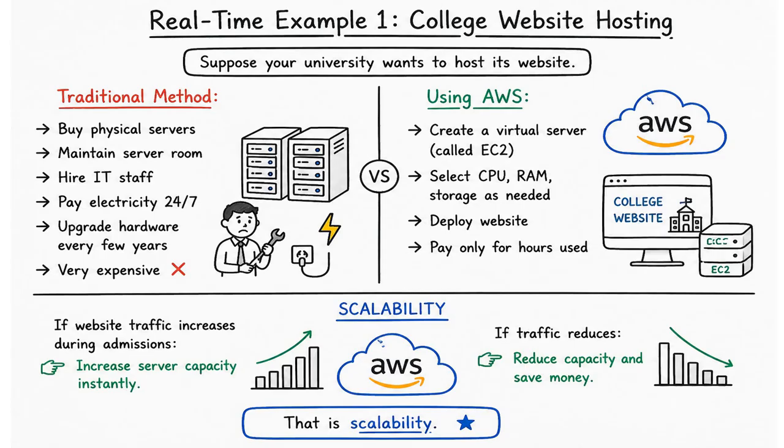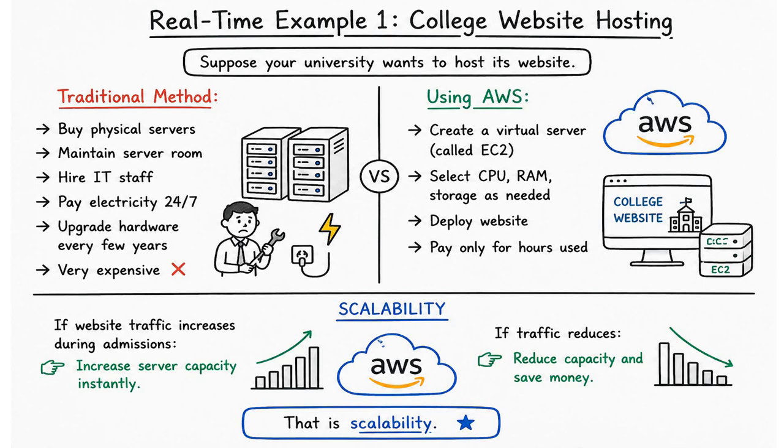Instead of building everything physically, the university can use Amazon Web Services, which provides infrastructure through the internet, where it can create a virtual server called Amazon EC2. EC2 stands for Elastic Compute Cloud.